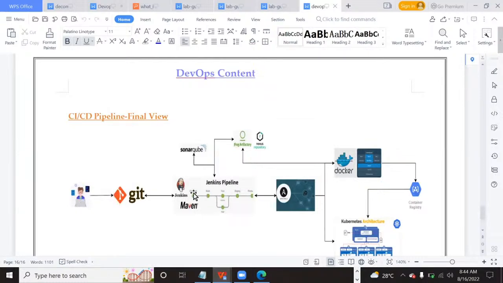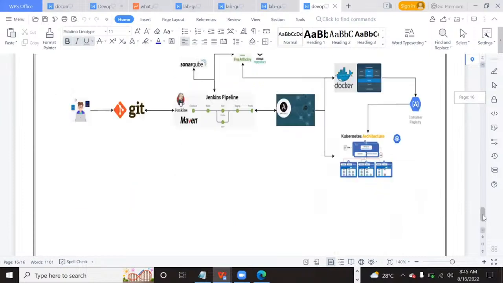That code will be taken by Jenkins. It will build and prepare an artifact, and using that artifact, the Docker image will be built with its dependencies like server, runtime, and database. Those images will be prepared here and then uploaded to the container registry.